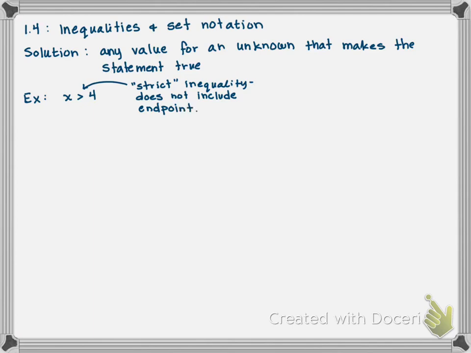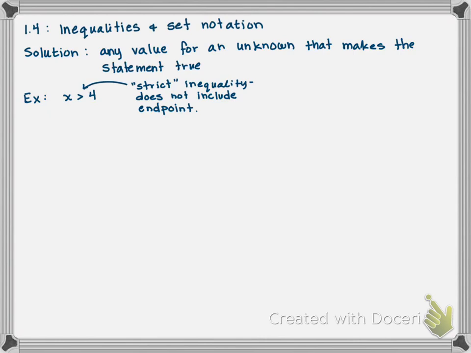When we say endpoint, we literally mean, if you were to graph it on the number line, the point that separates the solutions from the non-solutions is what we call the endpoint of that set. And in this case, it's 4. A strict inequality tells us that 4 is not included in the solutions, right? Since that endpoint is between the solutions and the non-solutions, we have to specify if it's part of the solution set or part of the non-solution set.